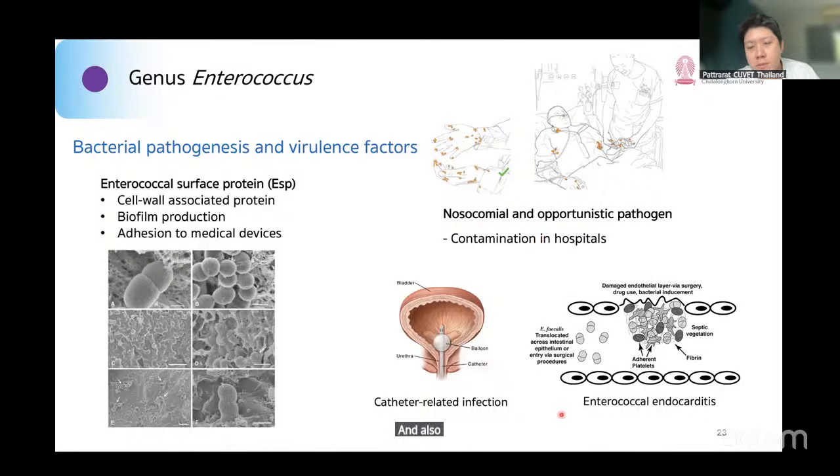And for bloodstream infections, the enterococcal cells can spread through the bloodstream and attach to the endocardium or the heart valve and cause endocarditis by inducing chronic inflammation.